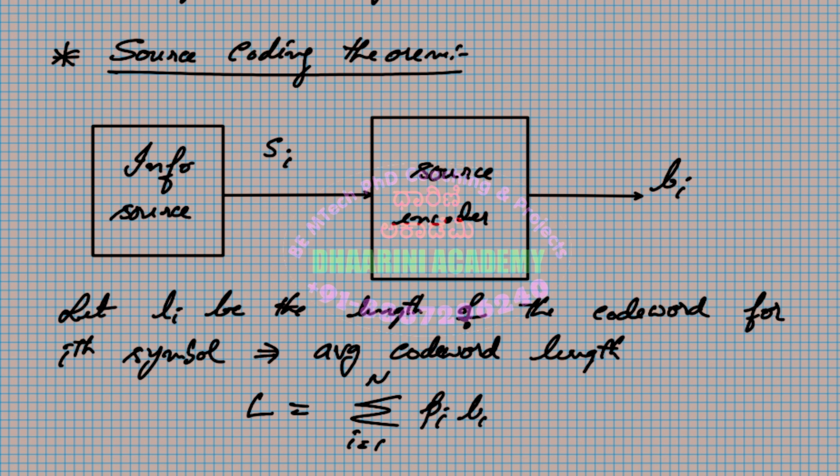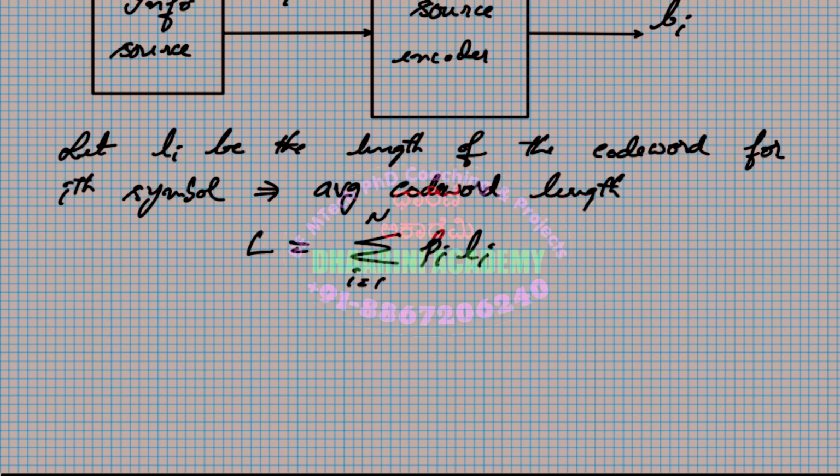Li is the length of the ith symbol. There are many symbols generated, each of different length, so the summation of pi into Li gives you capital L. This is the average length.